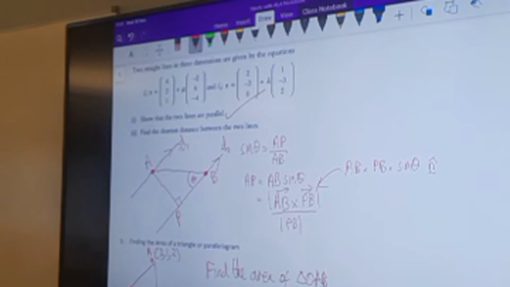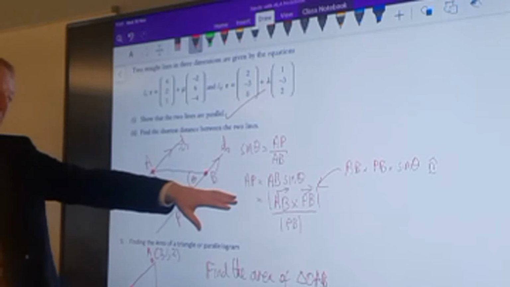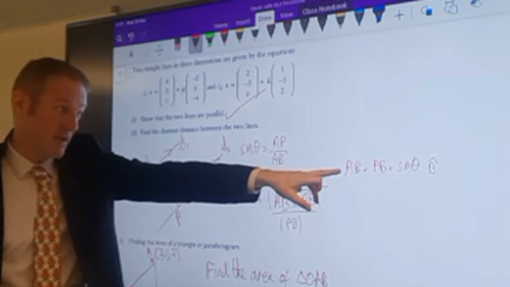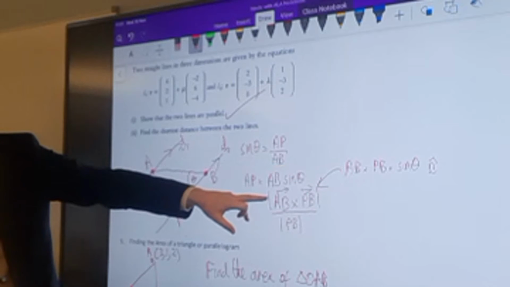Really don't worry about the hat, but if you cross AB with the direction vector, you get a vector with magnitude AB times the direction magnitude times sine theta. This is where it is important to be careful about whether I'm talking about vectors or not. AB is not a vector, AB is a length. AB here is a vector.